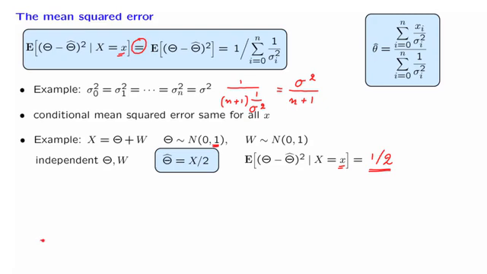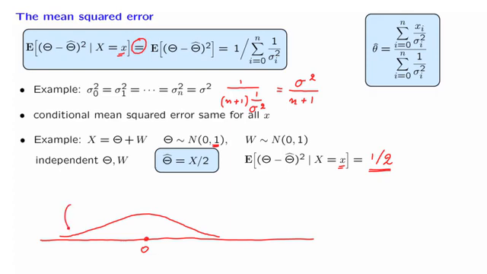Pictorially, here is what's happening. We start with theta being a standard normal, so it has a distribution of this form centered at 0. This is a plot of the density of theta, the prior density. Suppose that we obtain a measurement, and that measurement happens to be equal to 0. If the measurement is equal to 0, then our estimate will also be equal to 0.